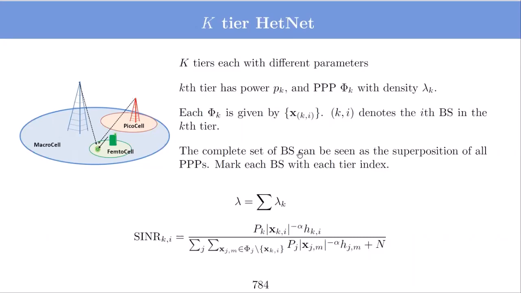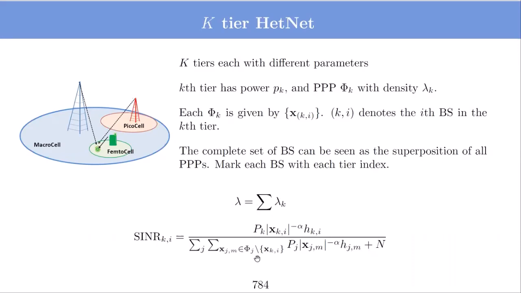The complete set of base stations can be seen as a superposition of all those Φ_k, and we generally assume them to be independent of each other. So the combined base station process will also be a PPP with the combined density. In that case, the total density of the base stations will be given by the summation over all the tiers.